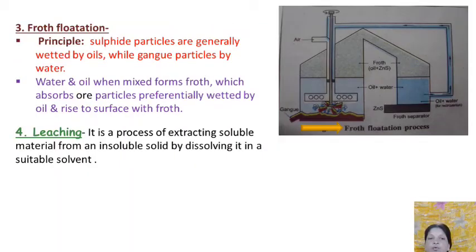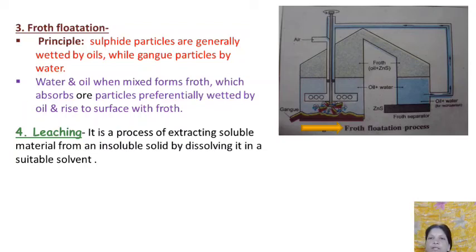Now let us discuss the third one. Concentration method is froth flotation method. Now what is this froth? Froth flotation method is used only for the sulfide ores. The principle behind this is that sulfide particles are generally wetted by oils, while gangue particles are wetted by water. See the figure.